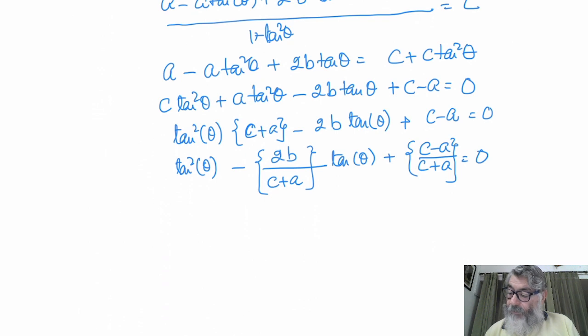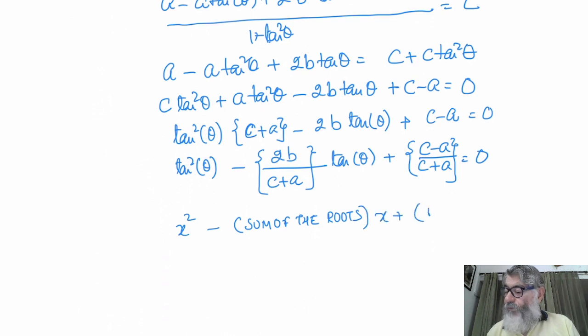What is the expression? x square minus sum of the roots into x plus product of roots is equal to 0. In general, the quadratic equation is given in this form: x square minus sum of the roots into x plus product of the roots is equal to 0.